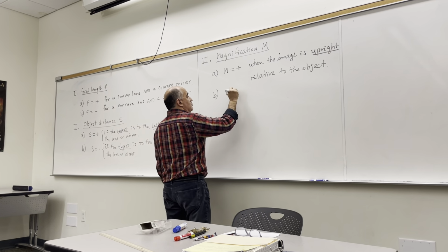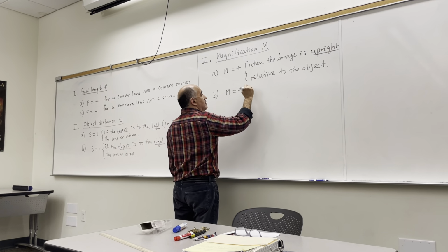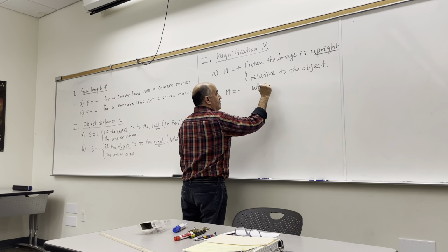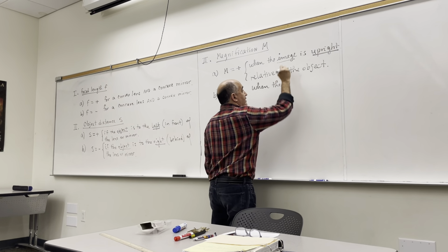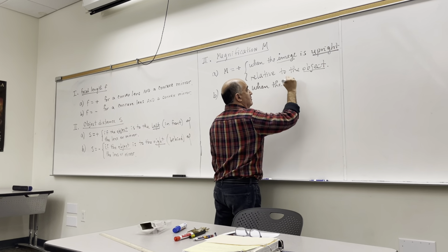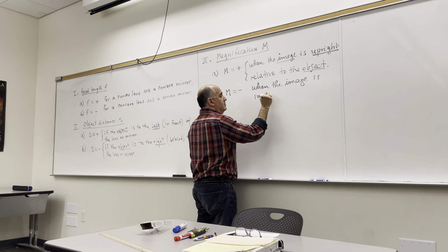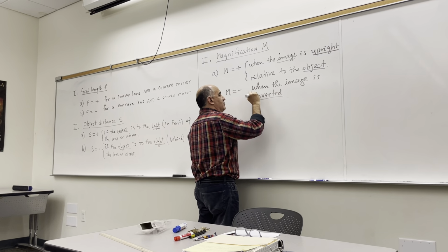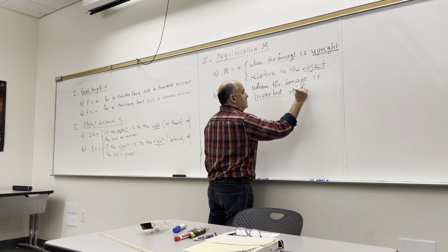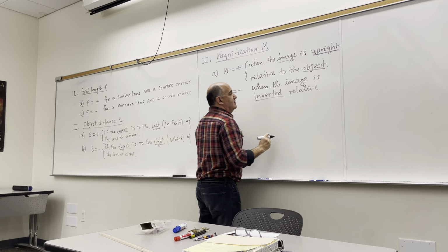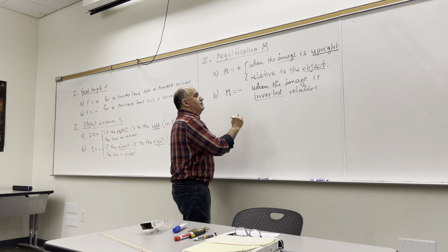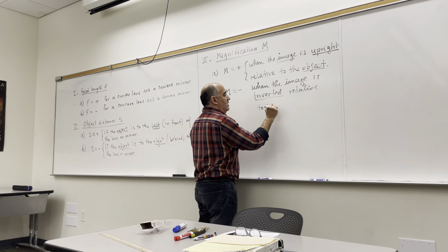And the magnification will be negative when the image, and we're talking about an image, right, is inverted. But what is inverted? Relative to the object. That is what sets a definition, relative to the object.